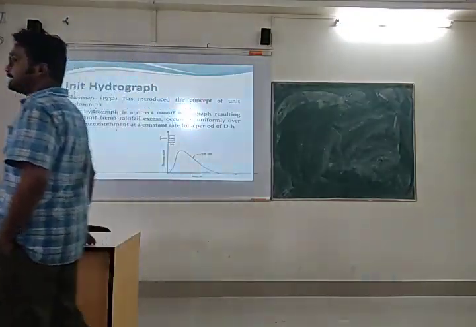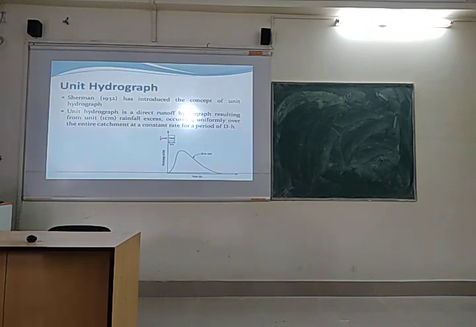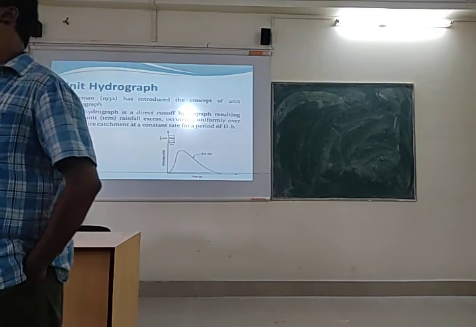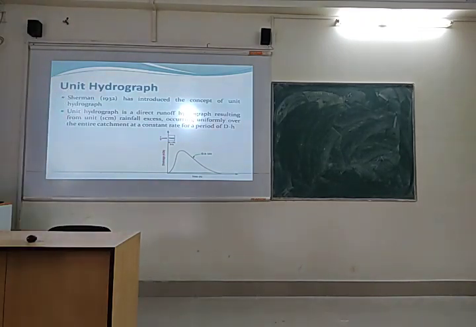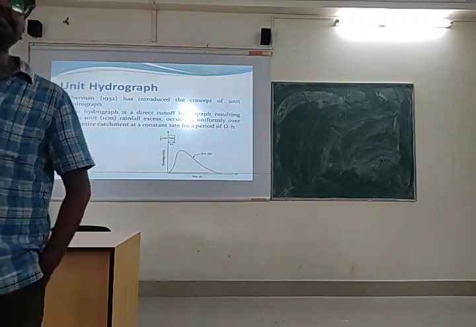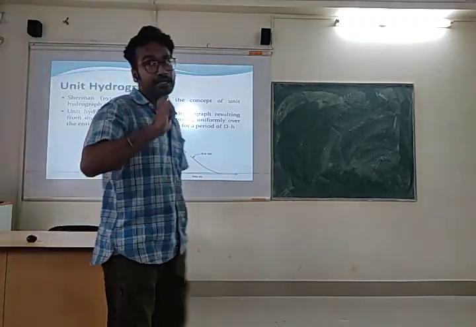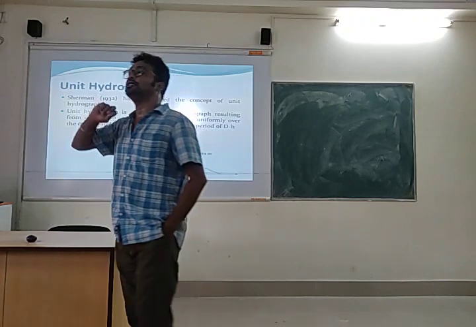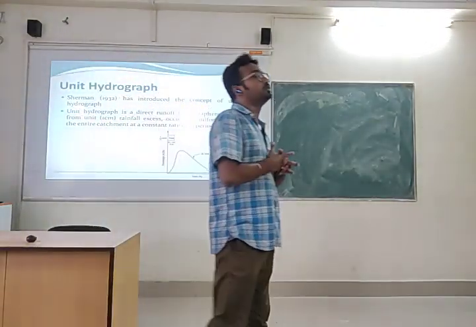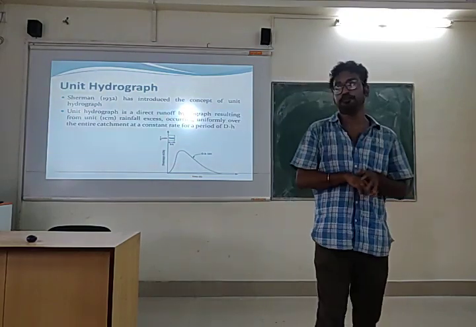So what is happening over there is that the unit hydrograph is one sort of direct runoff hydrograph for 1 centimeter of effective rainfall. If the effective rainfall is 1 centimeter, then the direct runoff hydrograph we get will be the unit hydrograph for that particular catchment area.